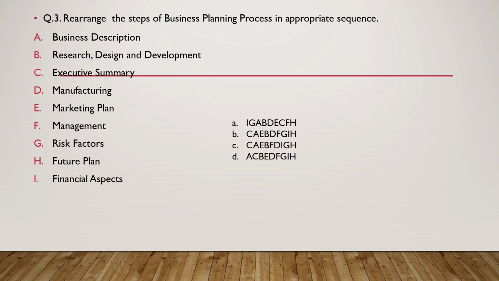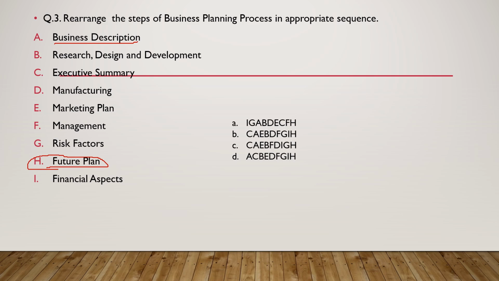So the options will be here, they have given the options, so you should know now business description first. In the business planning process, the very first step is not the business description. We will have the planning, or setting the goal, setting the objective, like that. But here there is no option that says setting objectives, or plan is there, but it is future plan, so it may be the last step.